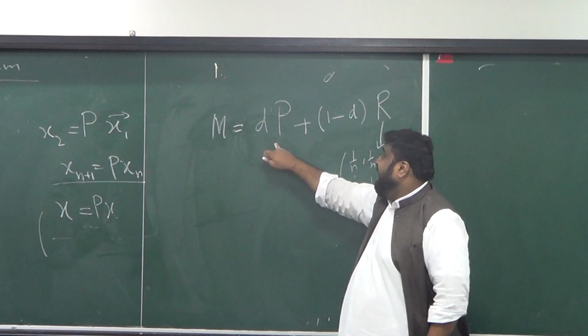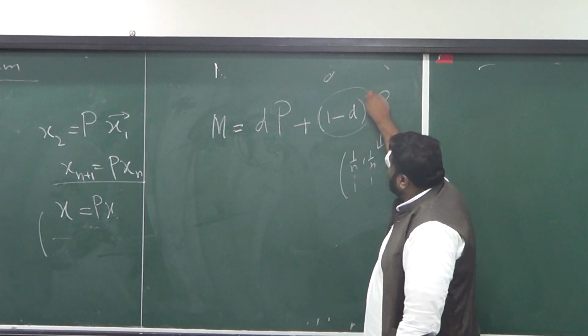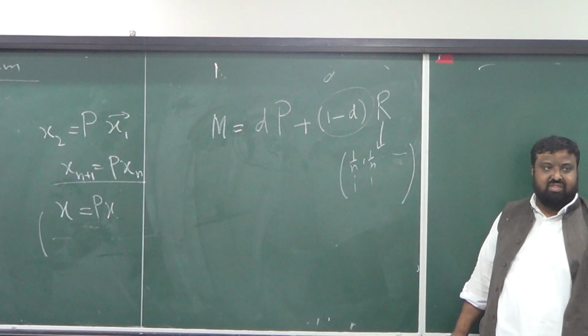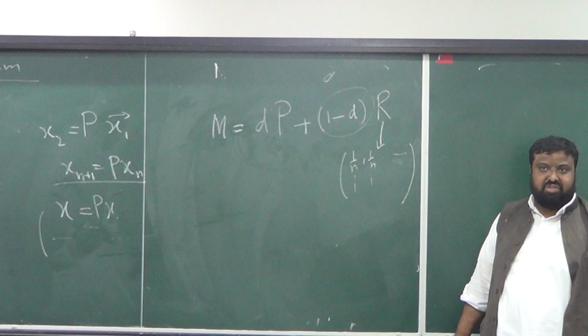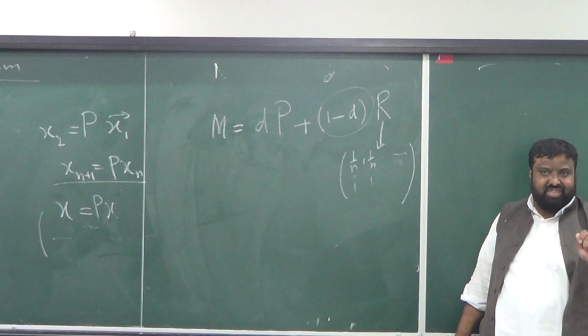And if D is closer to 1, this number is almost 0. This number is also almost 0. So the cleverness here is that you are not modifying P too much.